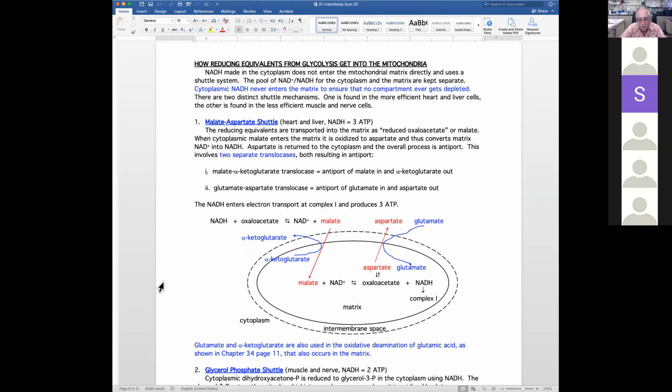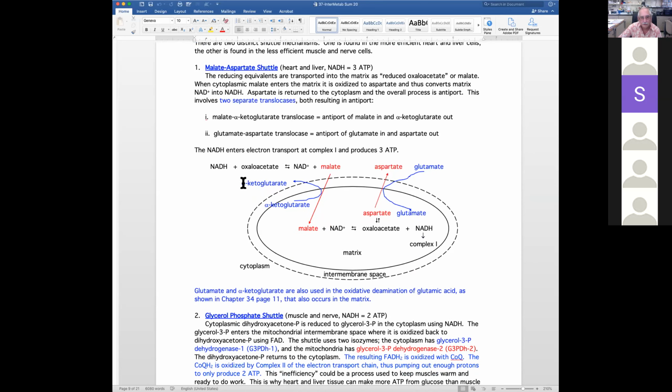You don't ever want to end up with all of your NADH in either the matrix or in the cytoplasm, because then the systems will shut down. Those are two separate pools of redox agents that don't go back and forth. If that makes sense.